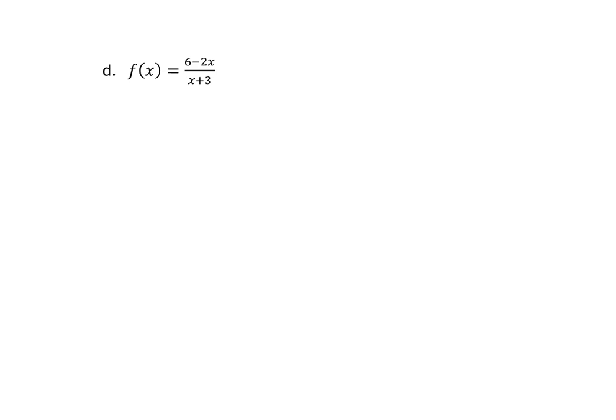We are going to start with our vertical asymptote. We want to set the denominator equal to 0. If we do this, we get x plus 3 equals 0, or x equals negative 3.